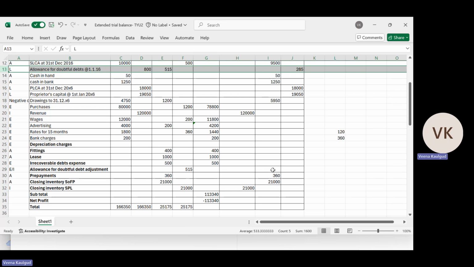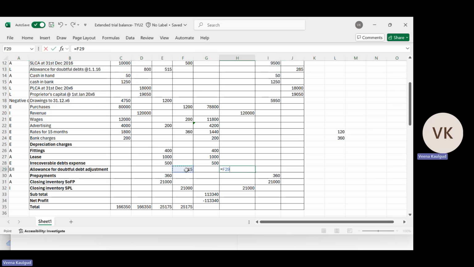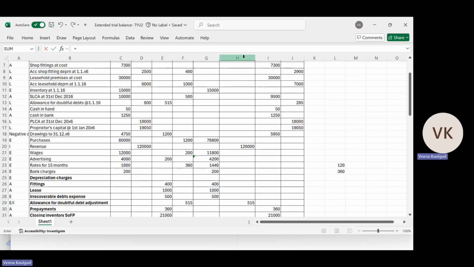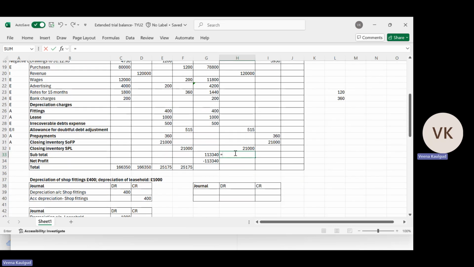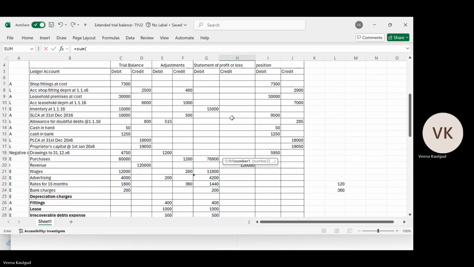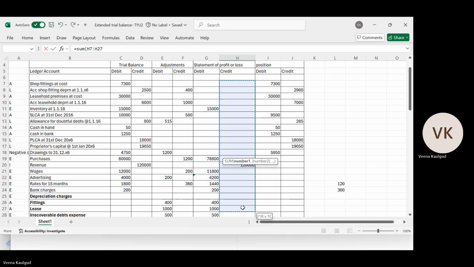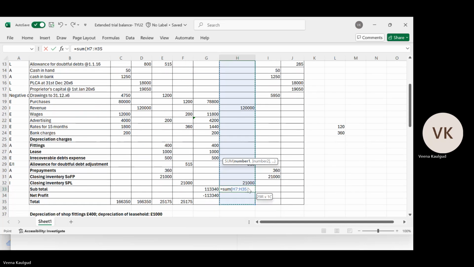So let us put the subtotal in this column, equals sum of this entire thing till here.